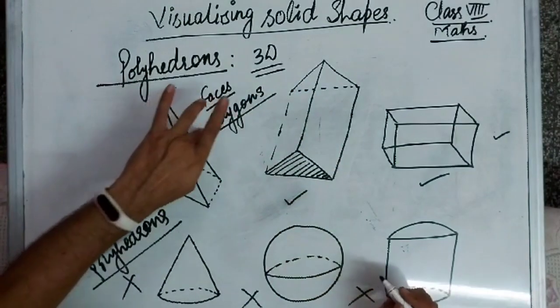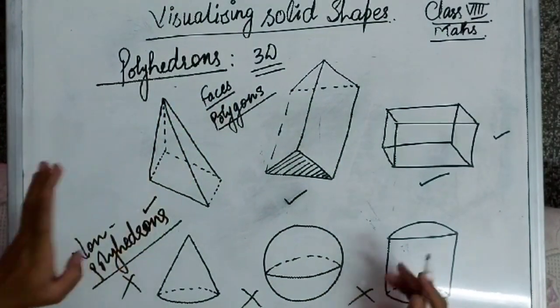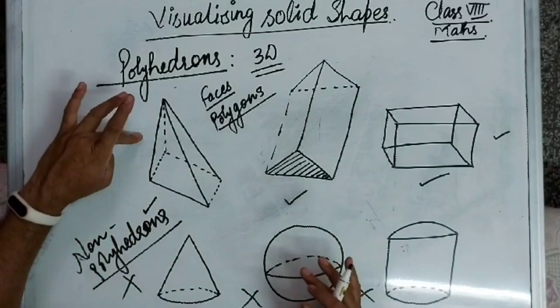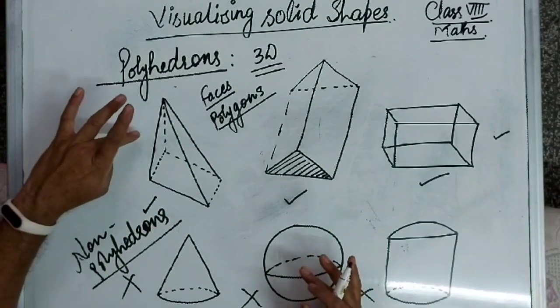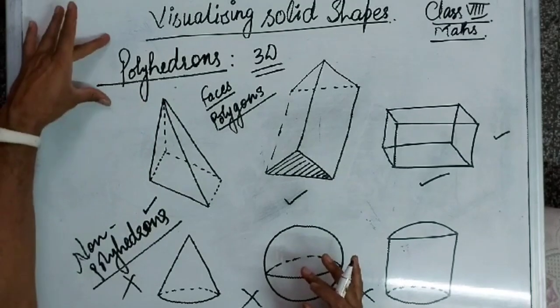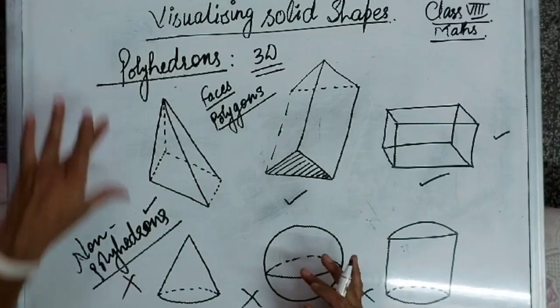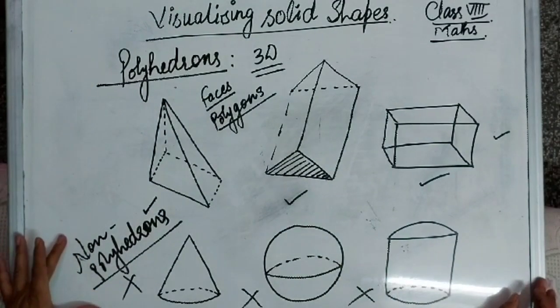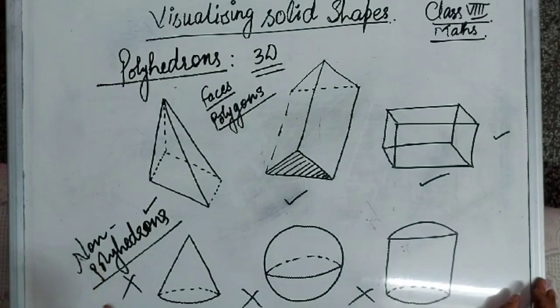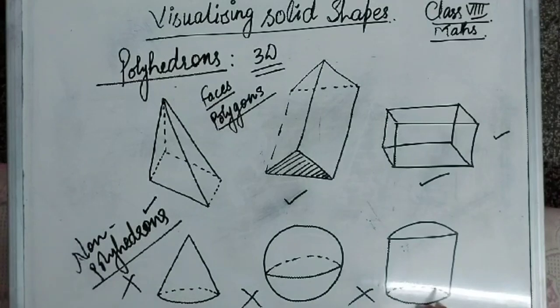Whenever polygons are connected with each other and a closed three-dimensional figure is formed, the figure so formed will be a polyhedron. And there are a few examples of non-polyhedron three-dimensional figures. We have cone, sphere, cylinder, and all other figures which do not have all the faces as polygons.